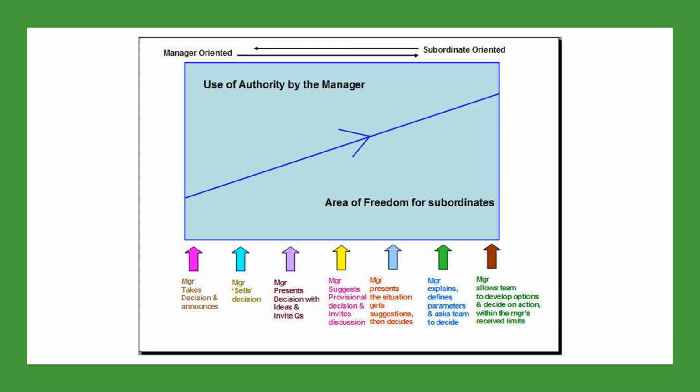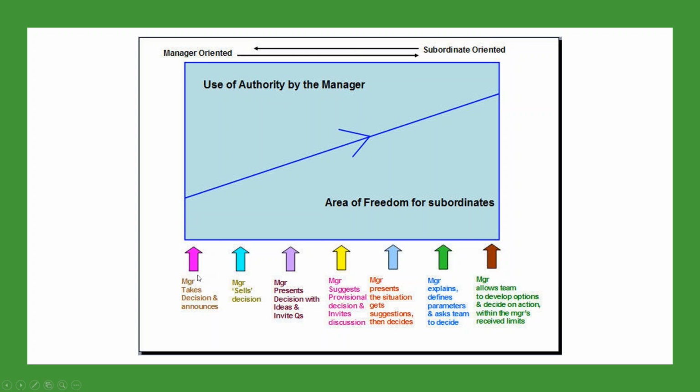And ultimately, the team are the ones that will come back, hopefully, with something that's workable for the manager. And obviously, if they come back and it's not workable, then the manager can go further to the left on the model and then make the decision, having consulted the team, found that they haven't got the decision that they want, and ultimately make the decision.